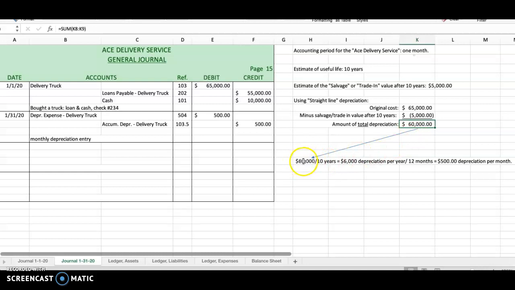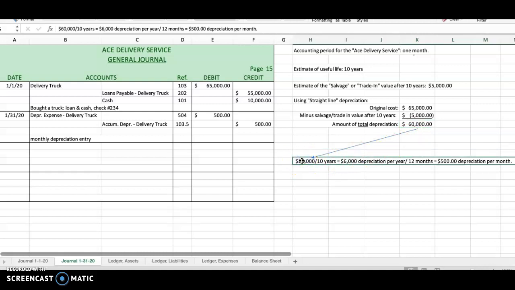Now, if we take that $60,000 and divide it by 10 years, that's how we calculate the annual depreciation using the straight line method. So 60,000 divided by 10 years means every single year, this truck will depreciate or decline in value by $6,000.